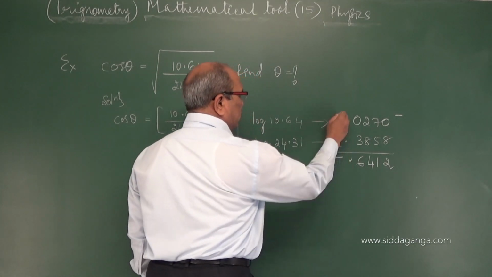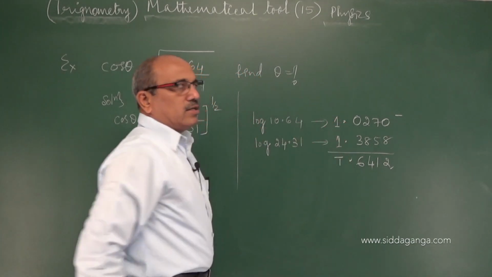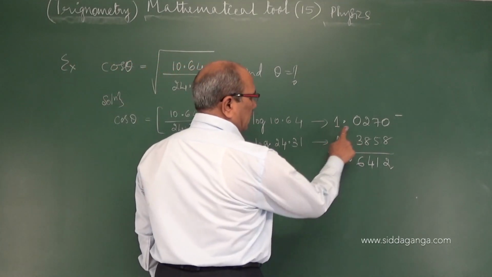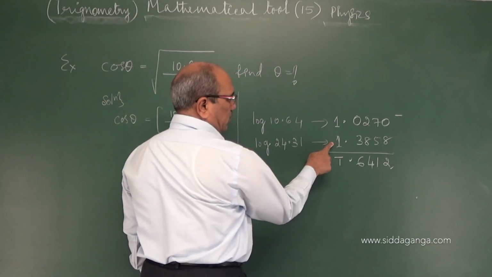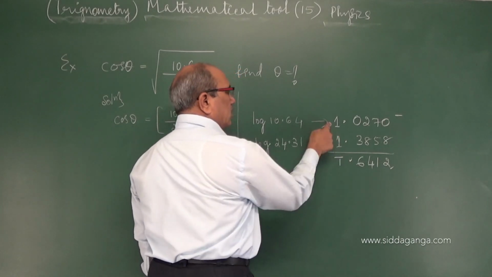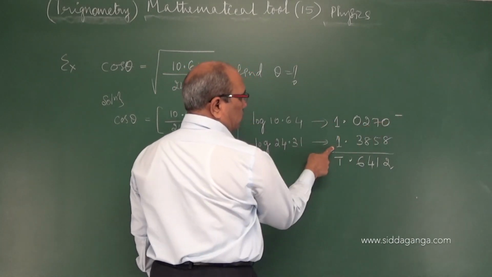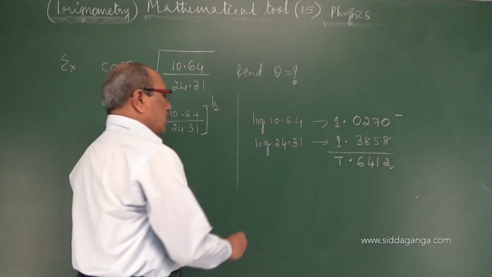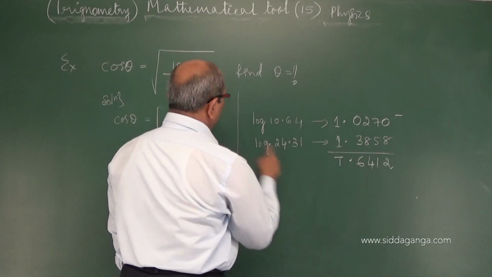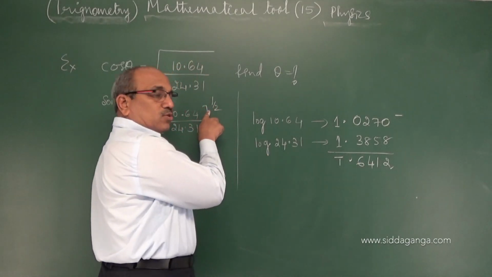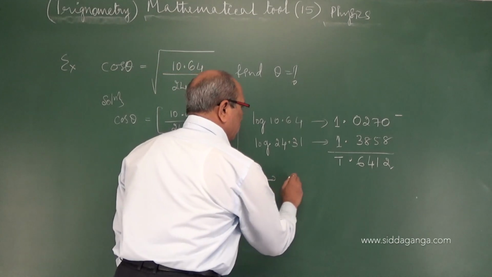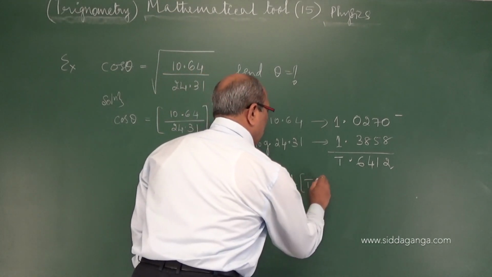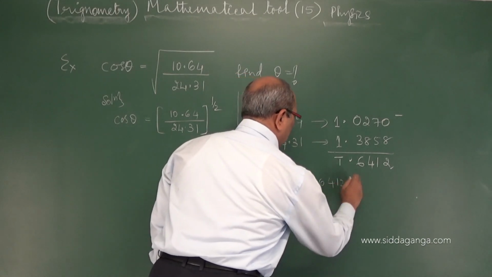I have taken such problems which have some new idea and new concept introduced here. 1 is carried, 0. This minus 1, you have to change the sign and add it. This already plus 1 becomes minus 1. Now it remains as a minus 1. And now root is required, which means whatever you got, half into bar 1.6412, I have to calculate.